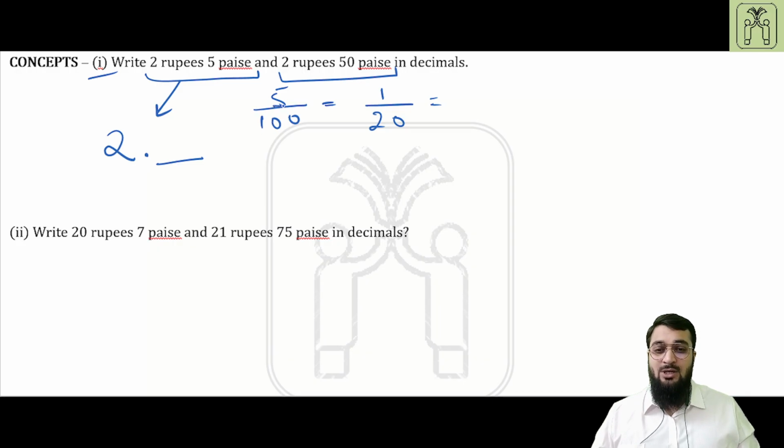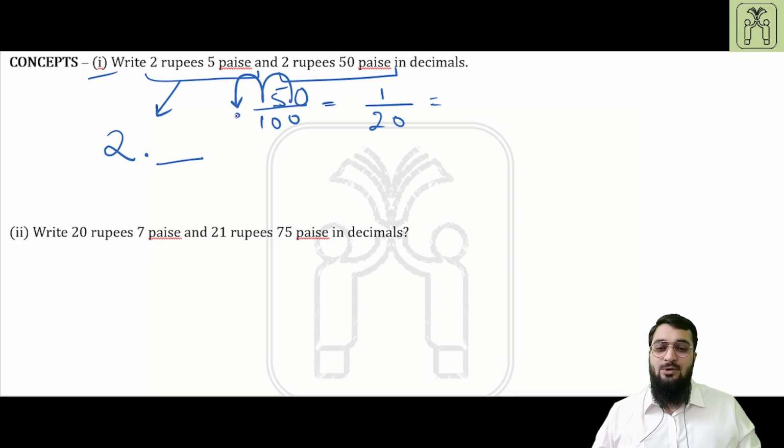The other way of coming to this answer is that you have 100 on the denominator and 5 as the numerator, and you know that a decimal point can be added in case nothing is mentioned. So 5 can be written as 5.0, because 0 on the extreme right does not have any significance or difference in value. To divide by 100, you will just move 2 times on the left and make an arrow over here.